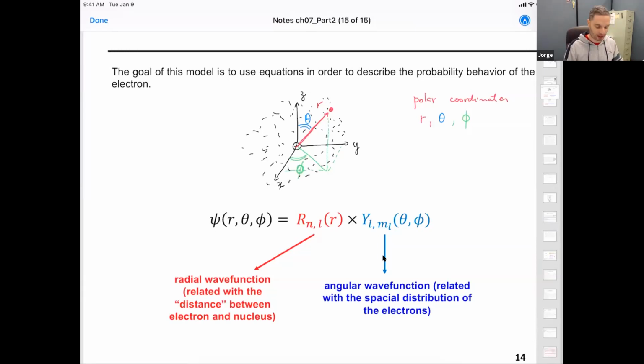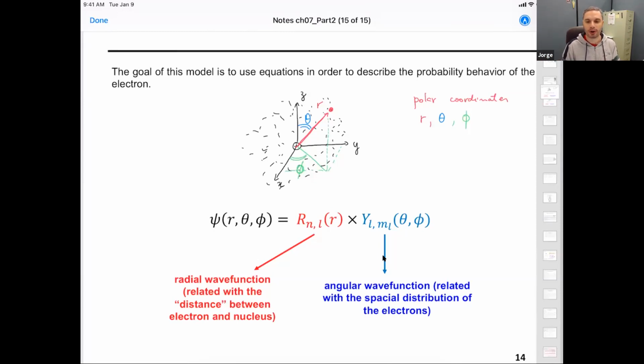To simplify the problem, there is a first part of the equation represented by R_nl as a function of r, and that's called radial wave function. The radial wave function is related with the distance between electron and nucleus, okay? So it's highly correlated with the polar coordinate r.